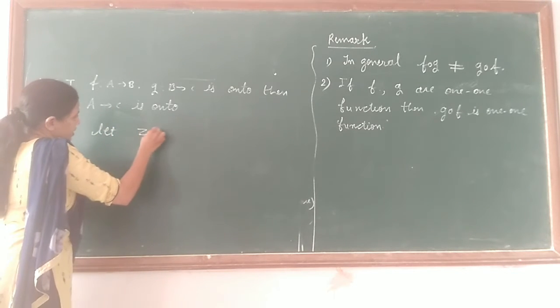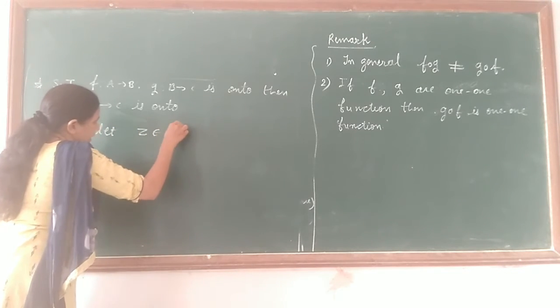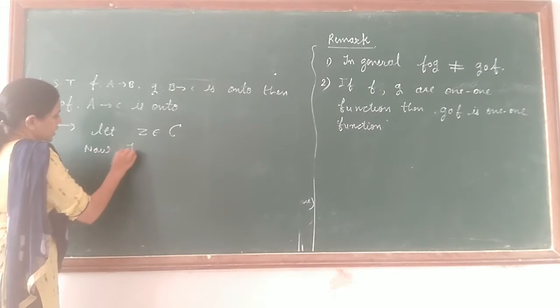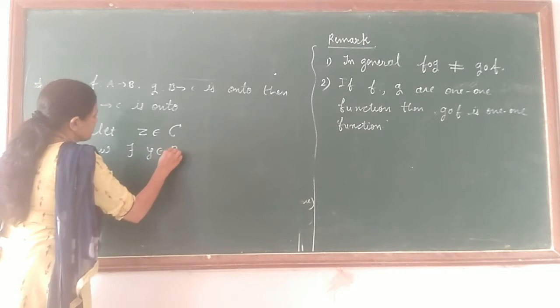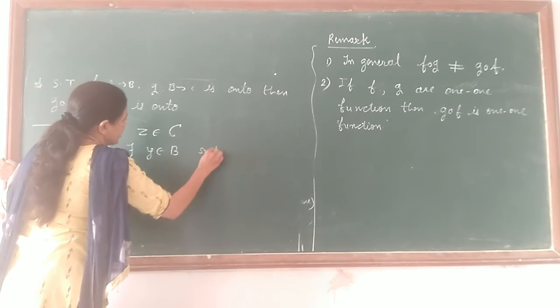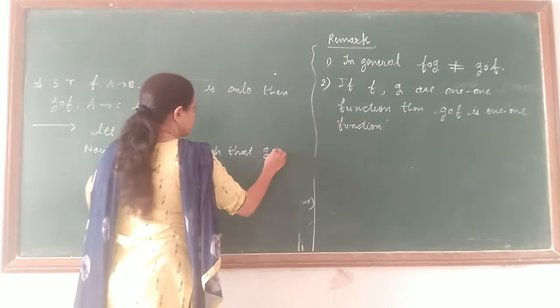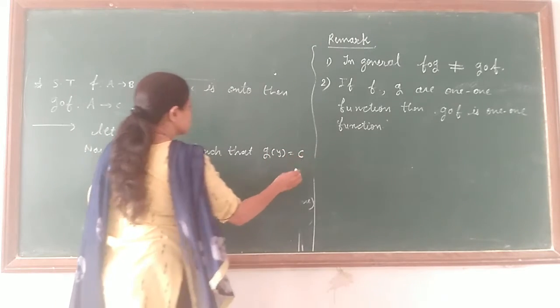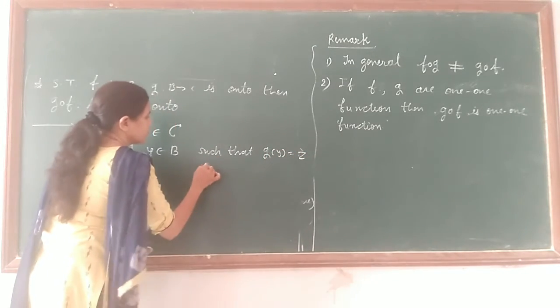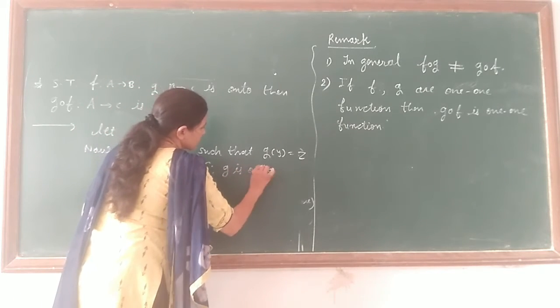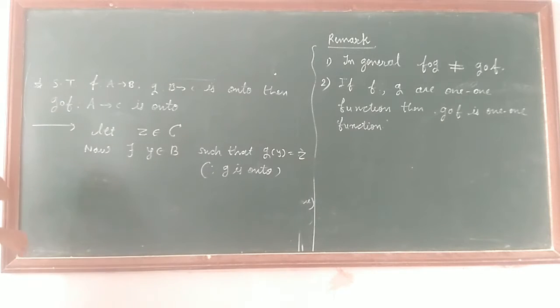Let me take some z belonging to the set C. Now, there exists y in B such that g of y is equal to z. Reason: g is an onto function, right?